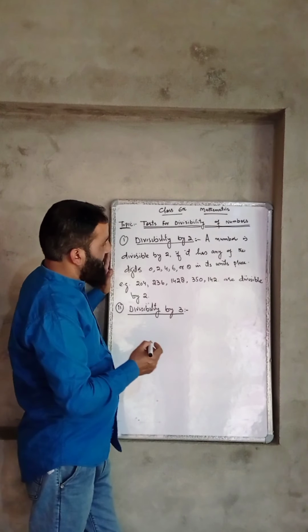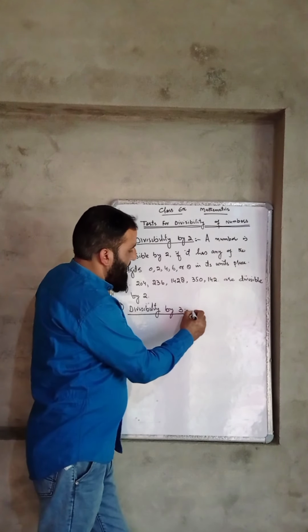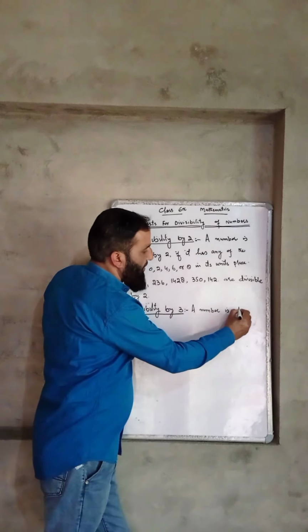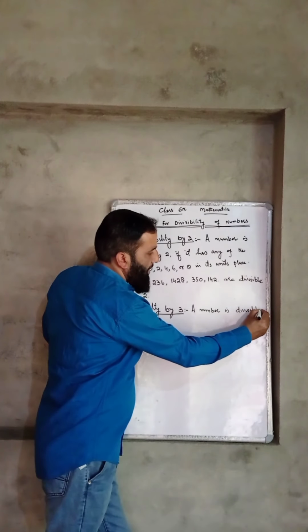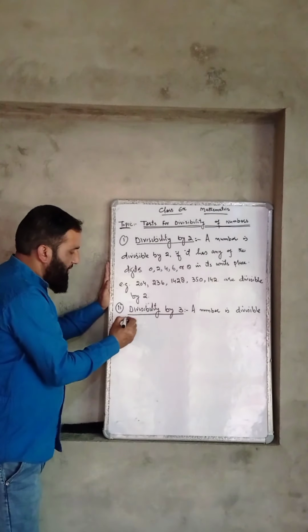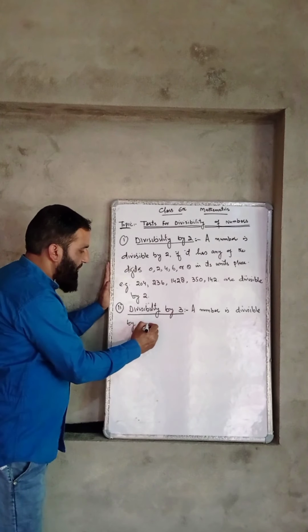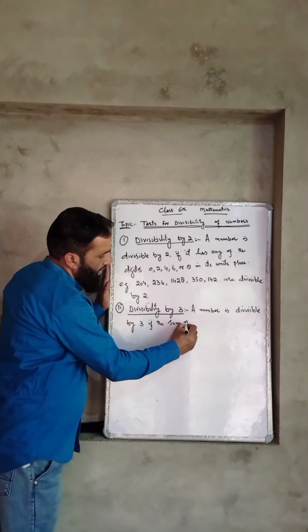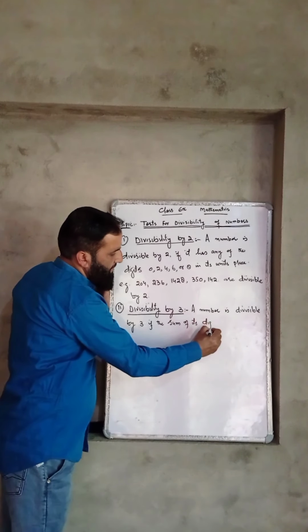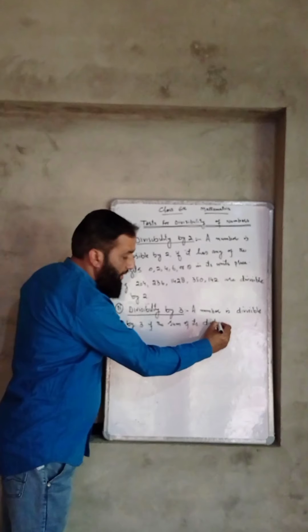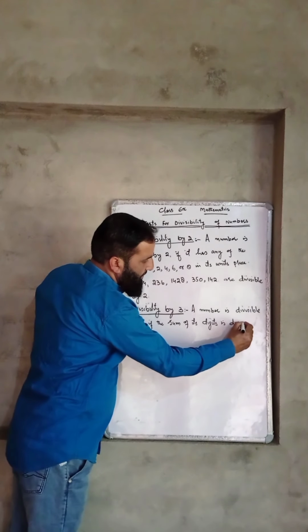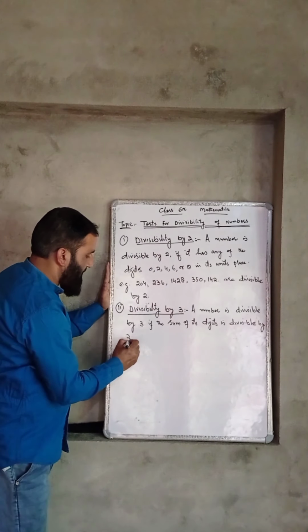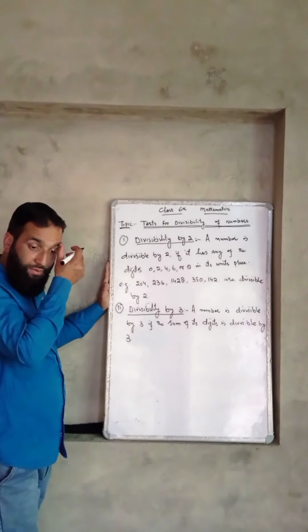For that very purpose, we can say that a number is divisible by 3 if the sum of its digits is divisible by 3, or whether it is a multiple of 3.